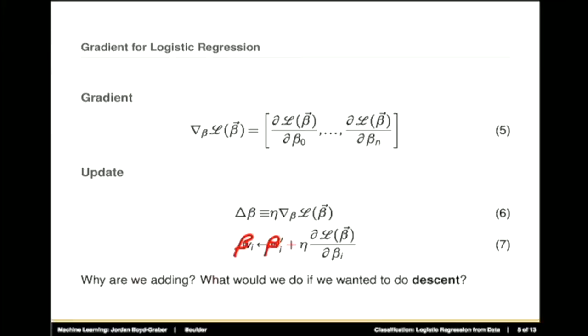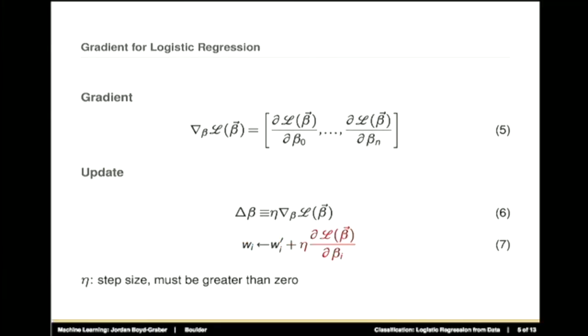Yeah, so we want higher probabilities, and if we wanted to optimize to find a minimum of a function, we would go in the opposite direction of the gradient. So in this case, we're trying to maximize our probability, so we have a plus sign here. So we'll take our old beta value, look at the gradient, and add a little bit to this.